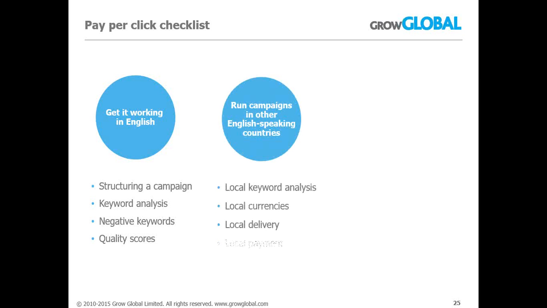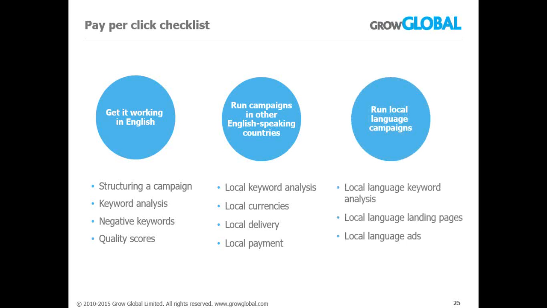Next, you can expand your campaigns to run in other English-speaking countries by carrying out keyword analysis in different versions of English. We all know about the difference between trousers and pants and different spellings of jewelry, pajamas, in the USA. You might also be putting adverts up featuring local currencies and local delivery options.